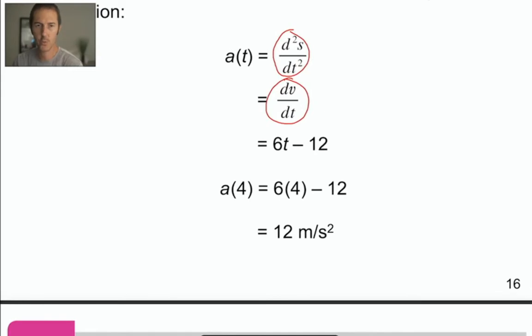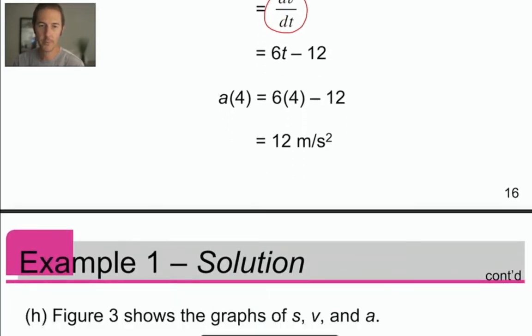Our acceleration equation is 6t minus 12. The acceleration at t equals 4: take the 4, plug it into the acceleration equation. You see the arithmetic, and we get an answer of 12 meters per second squared. Acceleration is distance per unit of time squared.